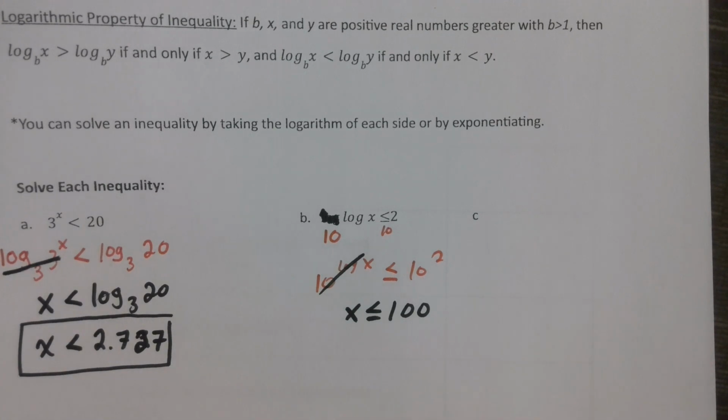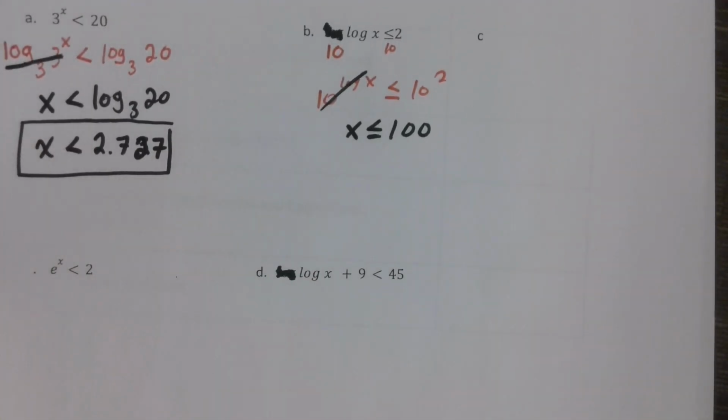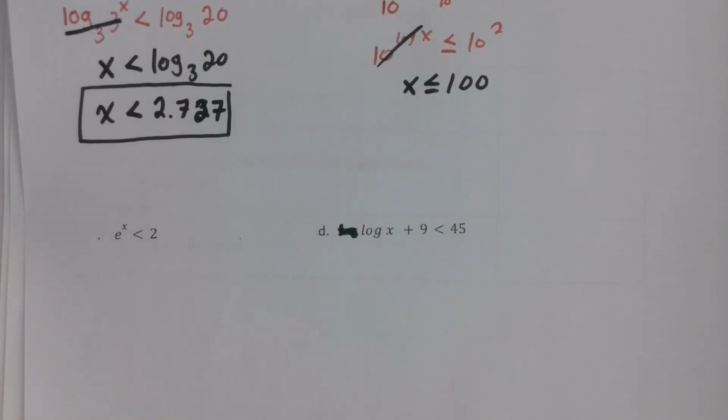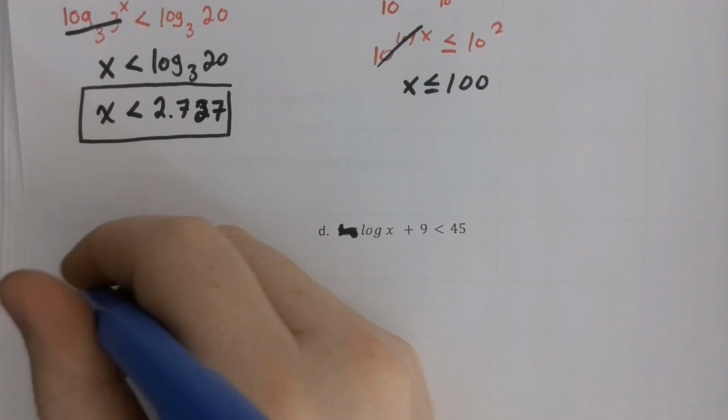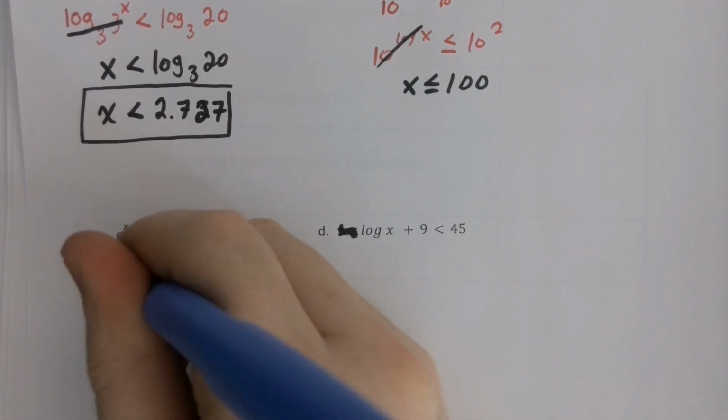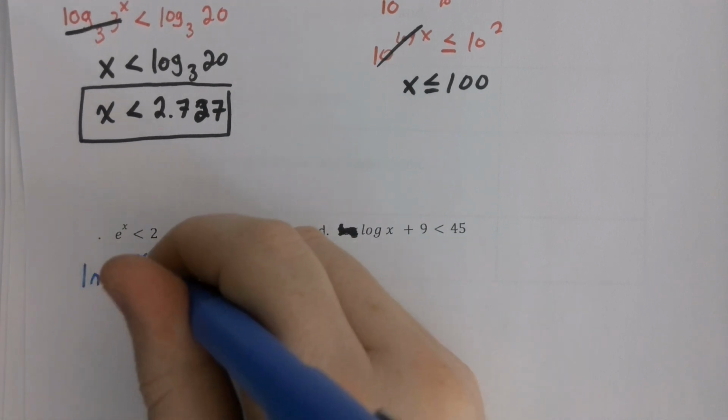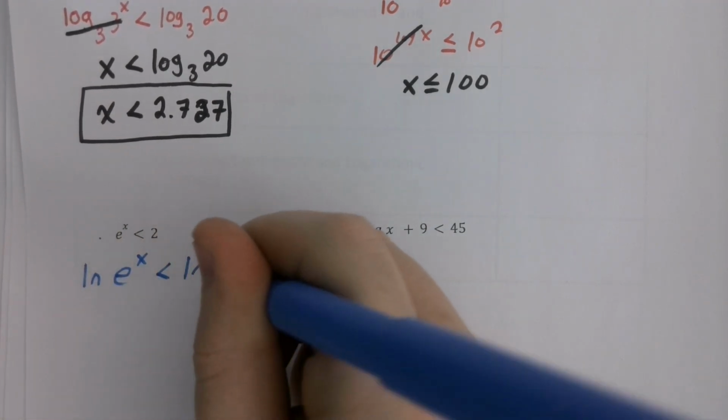Easy enough, right? Let's take a look down here. What if I had e to the x is less than 2? Once again, we have a case where we can take a logarithm of both sides. If it has a base of e, we want to take the natural log of both sides. So the natural log of e to the x should be less than the natural log of 2.